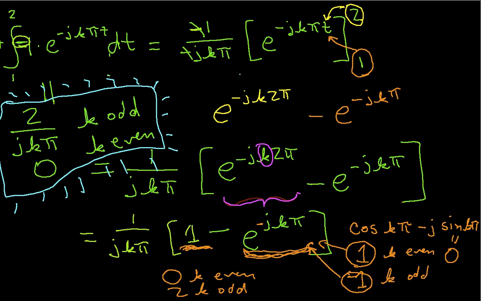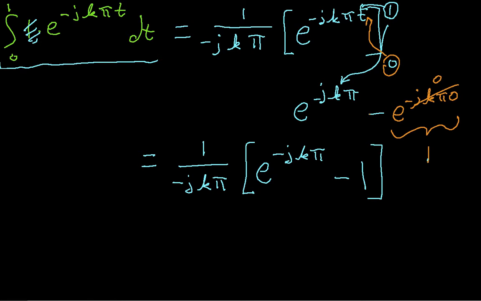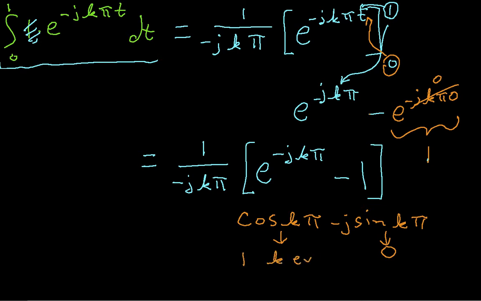If we go back to our other integral that we had here, we'll discover something similar in this case. So e to the minus jk pi, again this is cosine k pi minus j sine k pi. This term is always 0. This term, as we just discussed, is going to be 1 when k is even and minus 1 when k is odd.